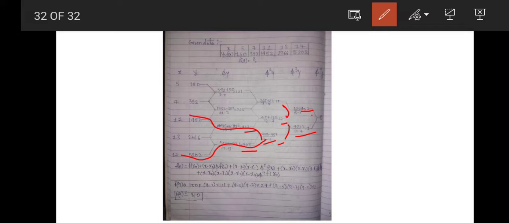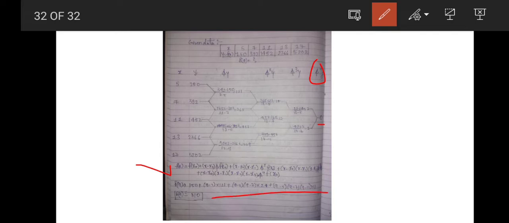But you have to pay attention that the denominators must be like this. So in the last we get the fourth difference as 0. Now the calculated values are put into this formula, and when we do some simplifications and calculations we get f of 9 as 810, which is our answer.